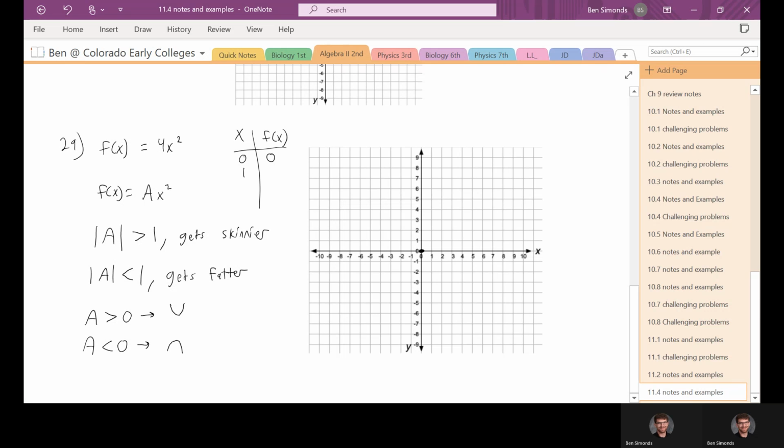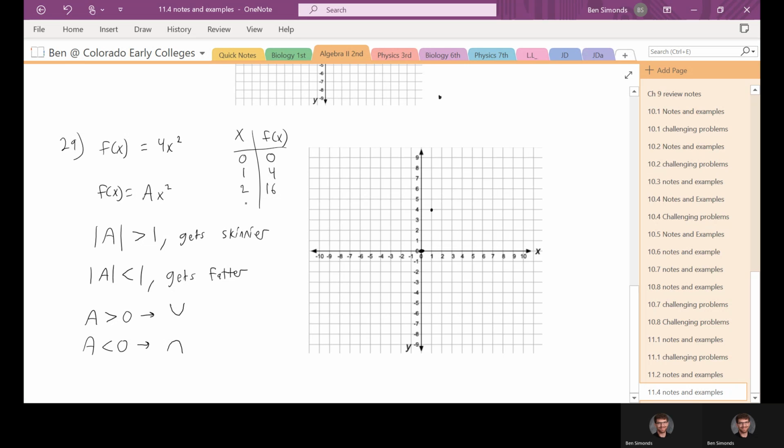So now let's see what 1 is. 1 squared is 1 times 4 is 4. So we've zipped right up there even faster now. And let's see what happens when we go with 2. 2 squared is 4. 4 times 4 is 16. And we're already off the grid, right? We're already up here, somewhere around 16. Way up there.